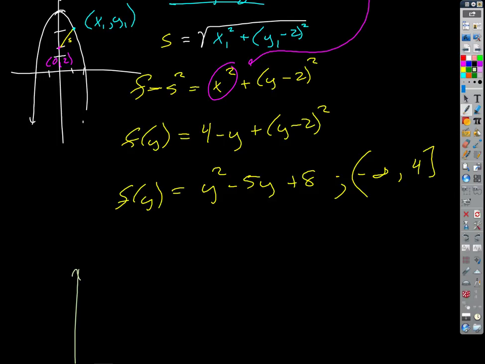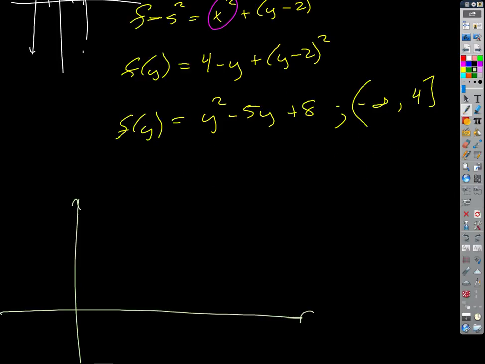Just assume that this is drawn somewhat correctly. As y goes from 4 down to something in between 1 and 3-ish, we're going to hit some point that's going to be the closest, and then as y plunges down this way, it's going to get bigger and bigger and bigger.